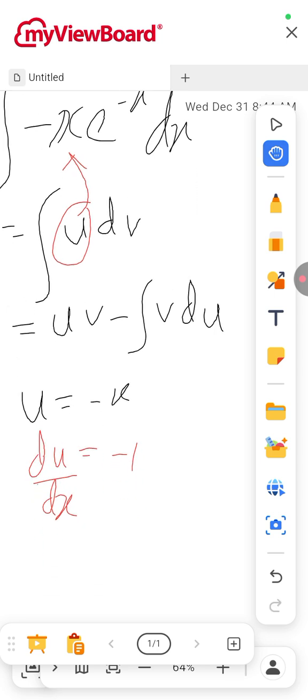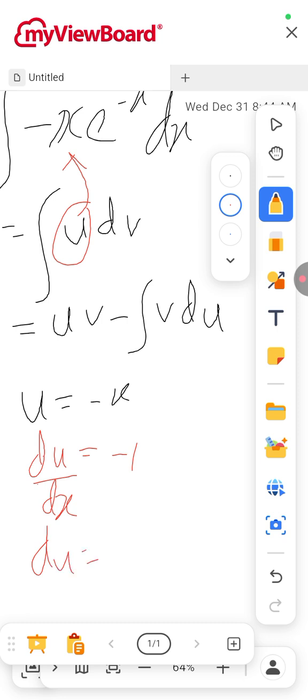Which means my du is equal to minus 1 dx, if you cross multiply. My du is minus 1 dx, because I will need it here. So later I'll substitute this du for this.